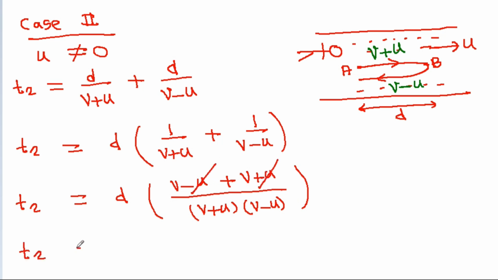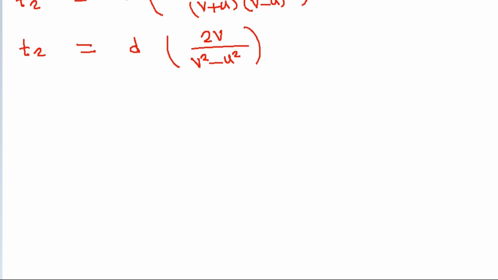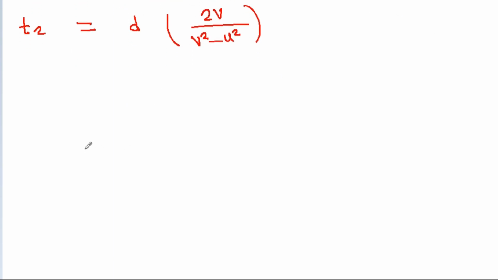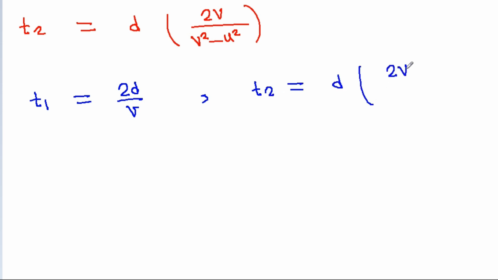So T2 is equal to D times V plus V, which is 2V, by V plus U times V minus U, which is V square minus U square. So we get T1 is equal to 2D by V, and T2 is equal to D times 2V by V square minus U square.